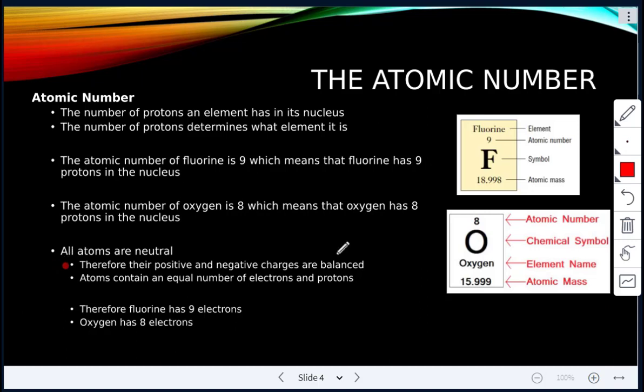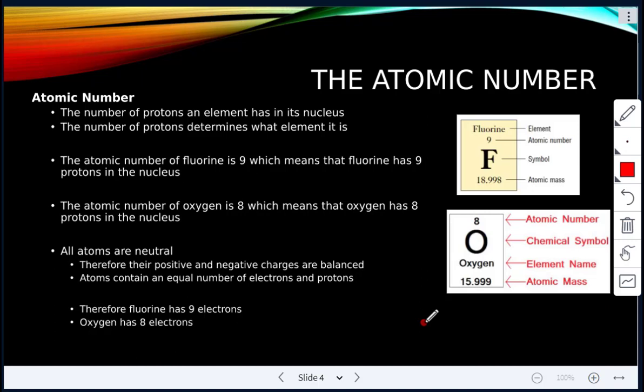Fluorine has an atomic number of 9, so it has 9 protons in its nucleus and will also have 9 electrons to keep it neutral. Oxygen has 8 protons, so it will have 8 electrons, making the atom neutral.